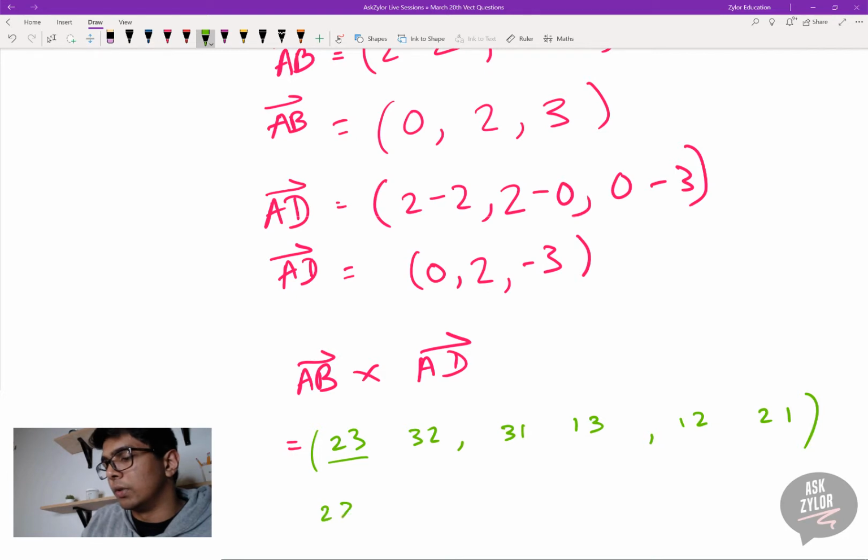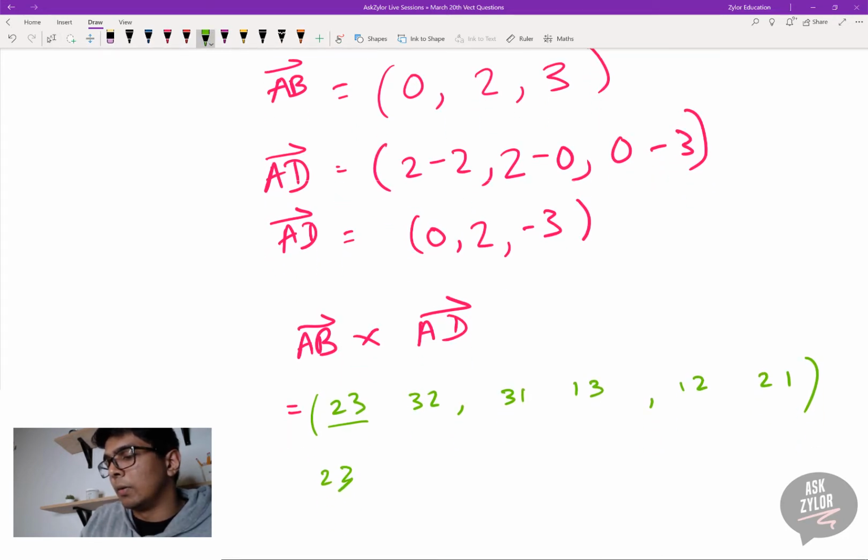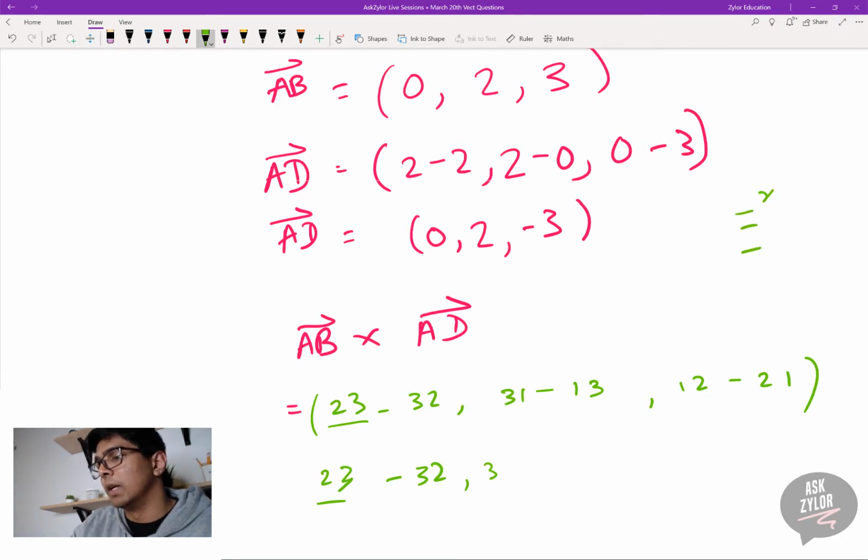So if I know 2, 3, to find my x coordinate, it's 2, 3 minus the opposite of 2, 3, which is going to be 3, 2. And to find my y, I take 2, 3, and I add 1 to each of these numbers. So if I add 1 to 2, I get 3. If I add 1 to 3, I get 4, but I only have 3 coordinates. I have the x, the y, and the z.